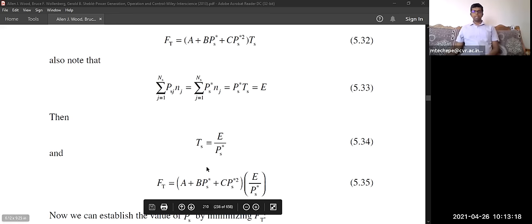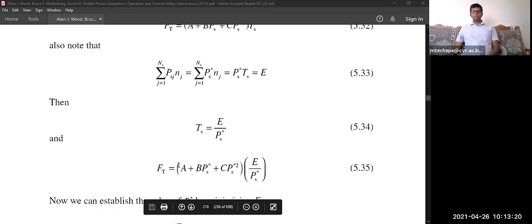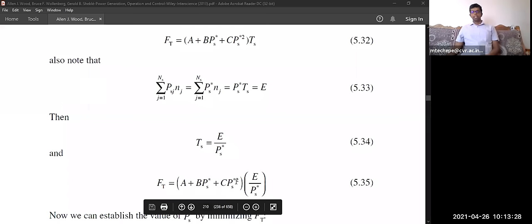So here, if you take Ft, total power generation, Ft is nothing but A plus B Ps star plus C into Ps star squared, into E divided by Ps star, from this equation. So we have to substitute Ts in this equation.